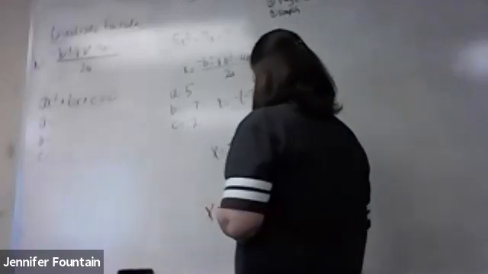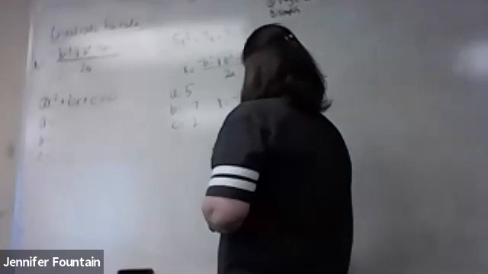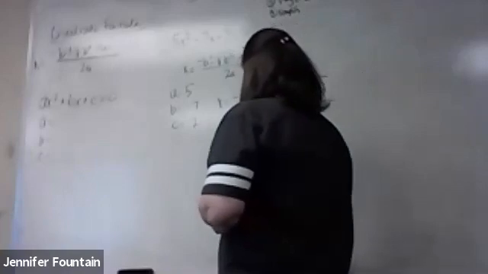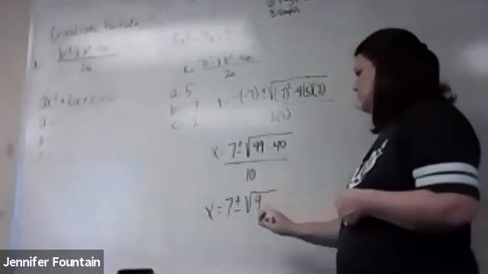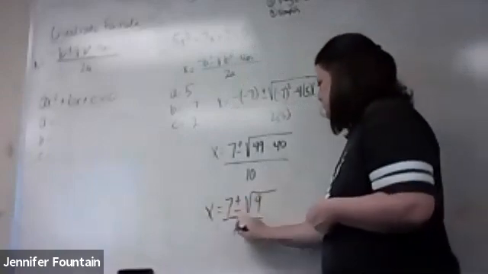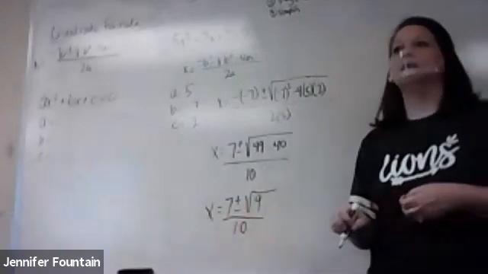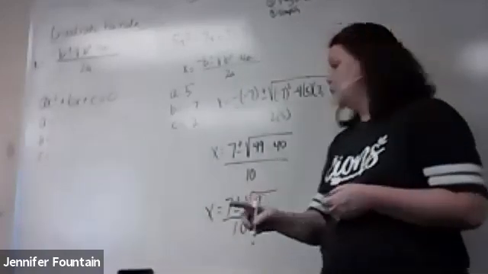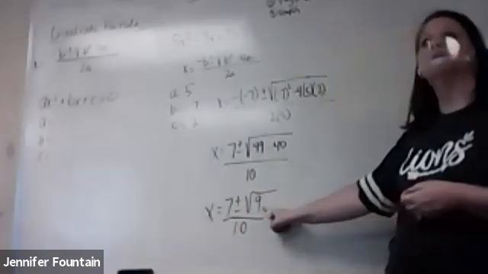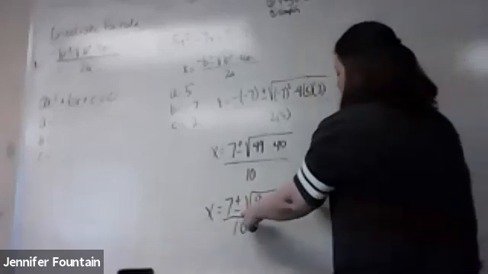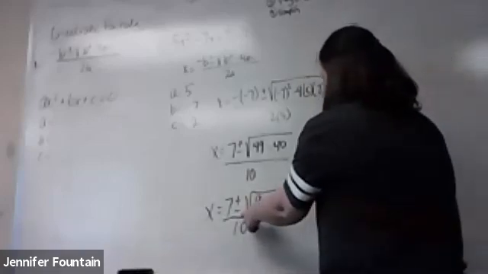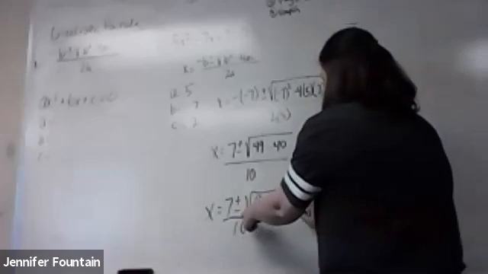X equals 7 plus or minus the square root of, what is 49 minus 40? 9, over 10. What is the square root of 9? 3. Good job. So that means I have 7 plus or minus 3 over 10.